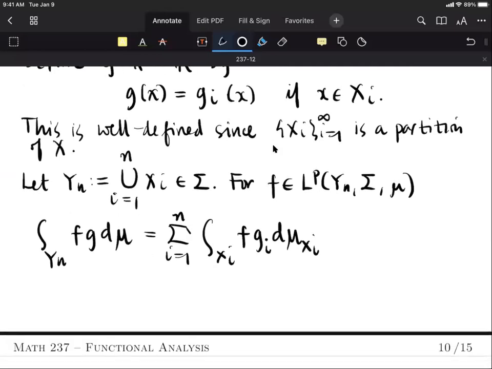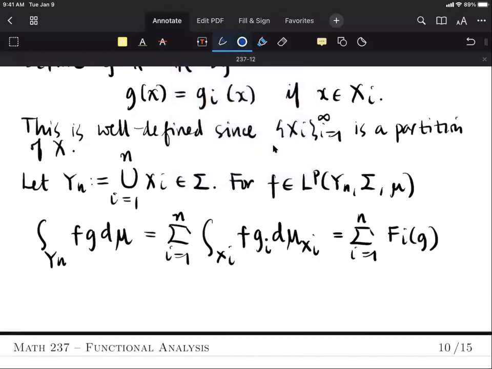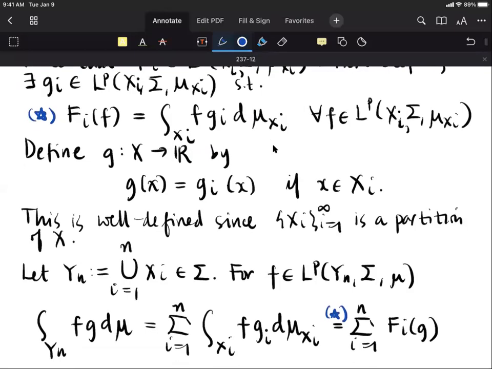And this is the sum from 1 to n of f sub I times g. So let us label that according to here. Using that, you have this formula.